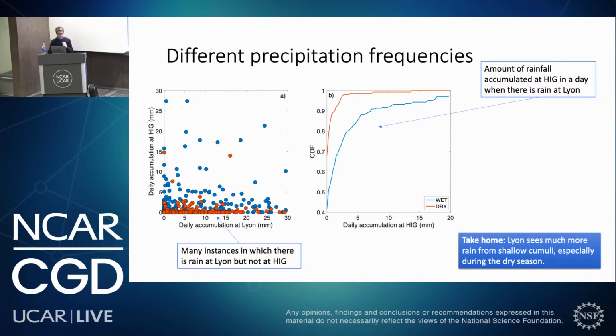To further check this, here we're comparing the daily accumulation on campus, which I remind you is further downwind on the leeward side, with the daily accumulation at Lion Arboretum, which is one of the rainiest spots on the island.